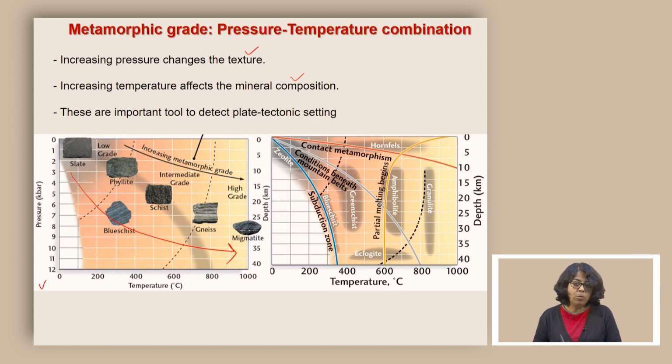Now, we also understood that just identifying one mineral is not always the best approach, because they can have a relatively large field of stability. But if you can find multiple such minerals with intersecting pressure temperature ranges, then it can help you to narrow down the pressure temperature range of the rocks that are forming out of it.